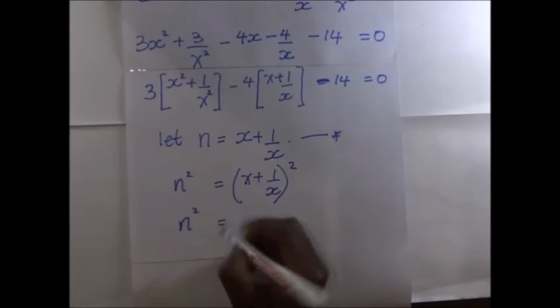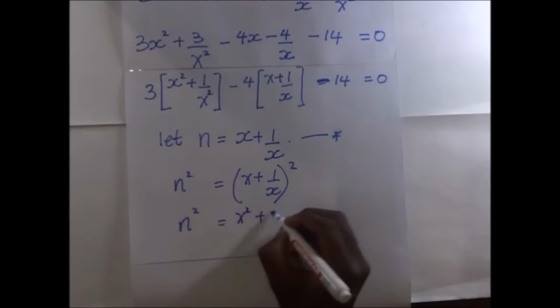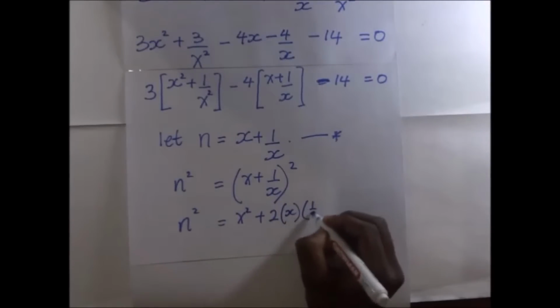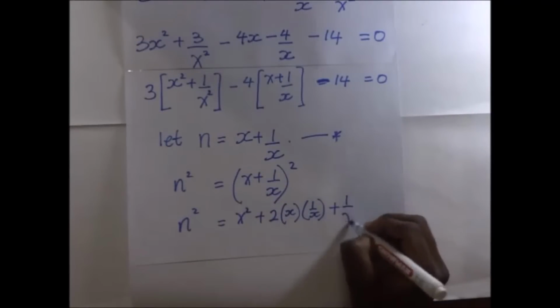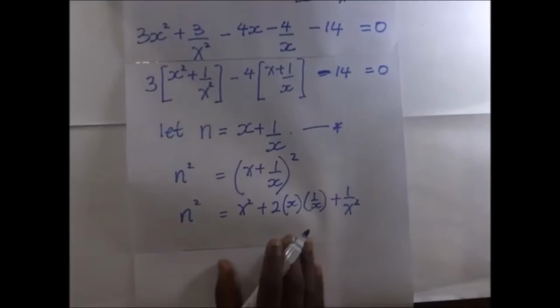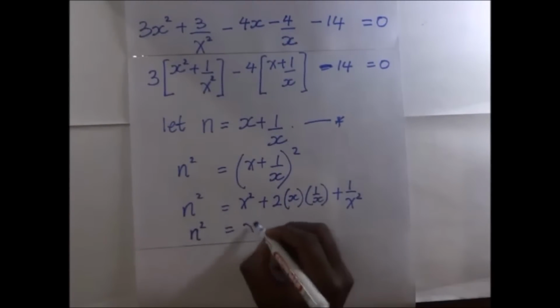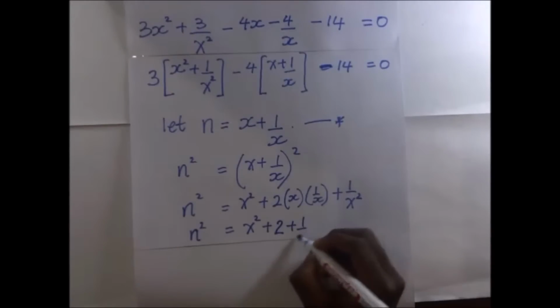When we square both sides, expanding this is going to become x squared plus 2ab plus b squared, that is 1 over x squared. So we shall end up with n squared equal to x squared plus 2 plus 1 over x squared.